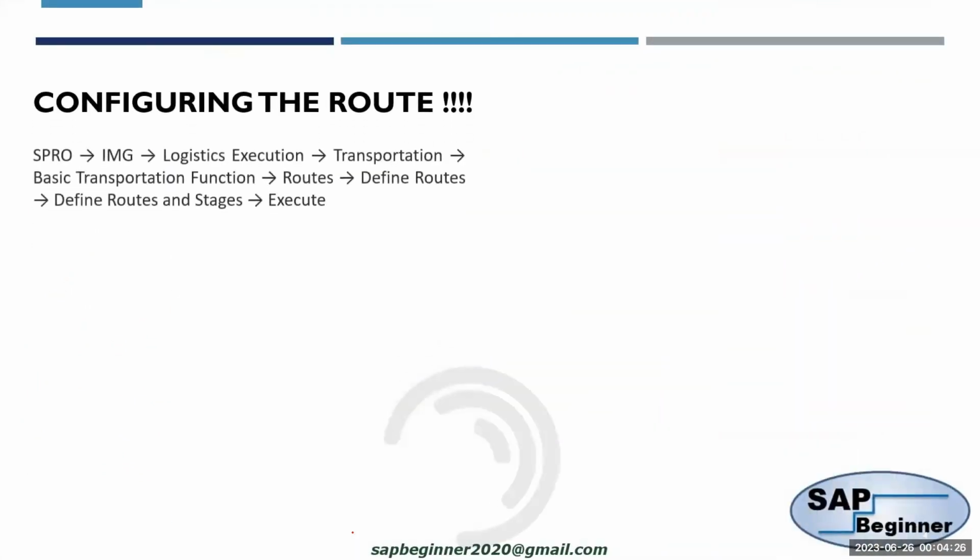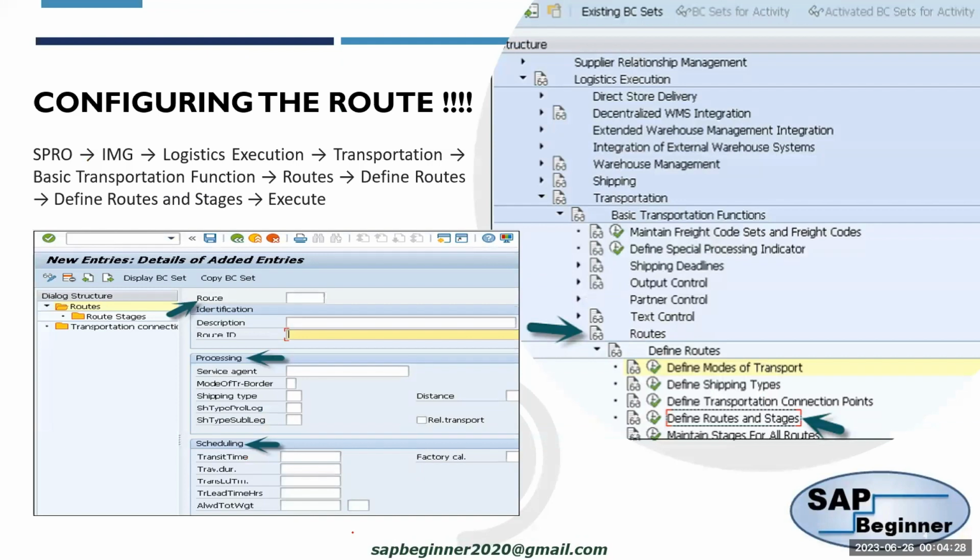Okay, then let's go ahead. How to configure the route? We have seen what a route is. Now let's take up how the configuration works for the route. Over here, you can maintain any route based on your client requirements. You can maintain a Z route, etc. You will maintain the description of that route.